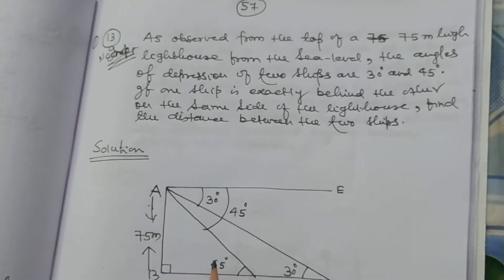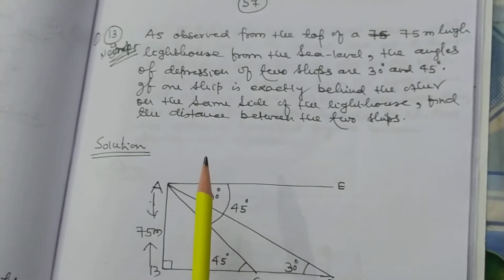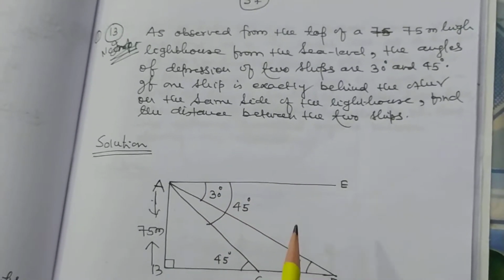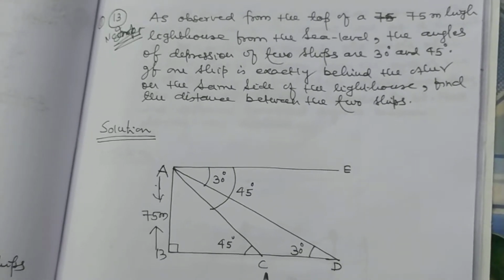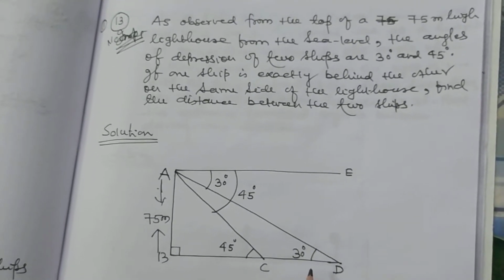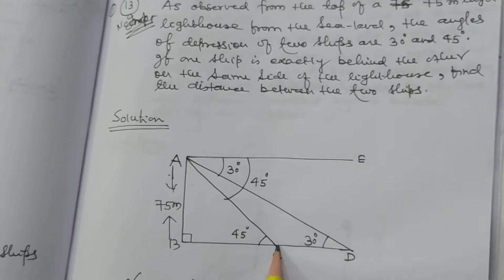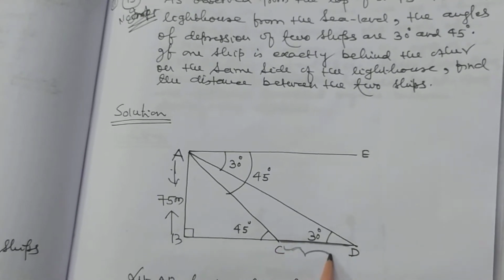This is a problem of angle of depression. If one ship is exactly behind the other on the same side of the lighthouse, find the distance between the two ships. We have to find the distance CD.